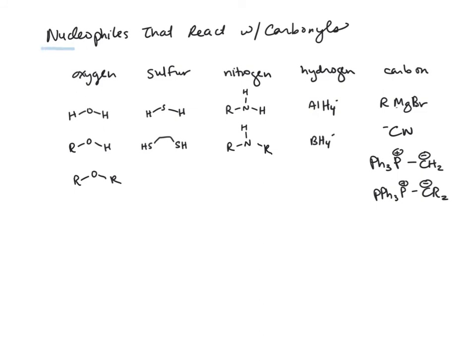Our last slide focuses on nucleophiles that react with carbonyl carbons. We have oxygen-based nucleophiles such as water, alcohols, and ethers. We have sulfur-based nucleophiles that have hydrogen sulfide and this dithiol, which reminds me that we should add to this list ethylene glycol and this glycol with an R substituent.